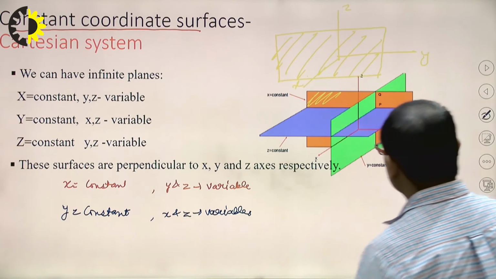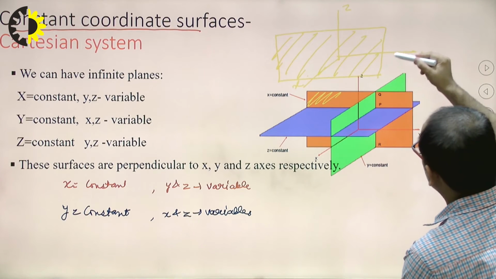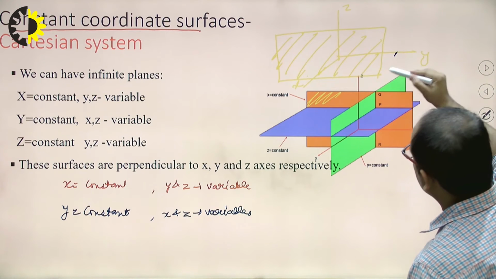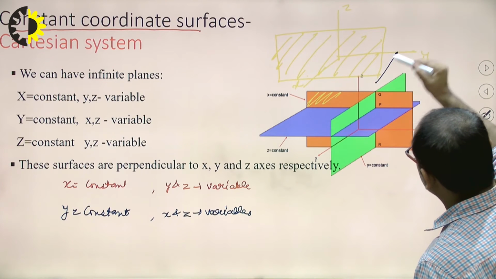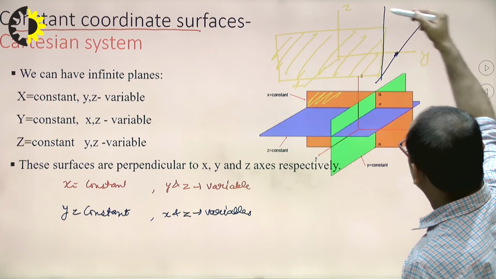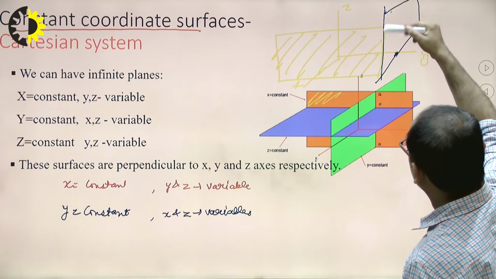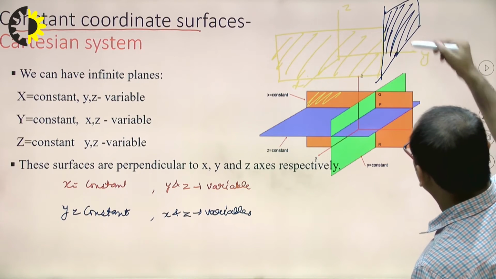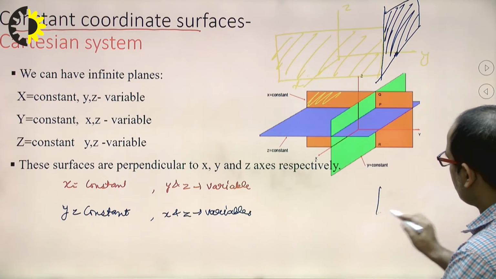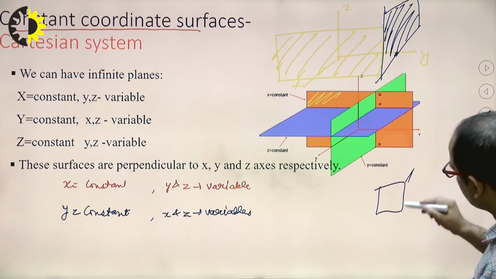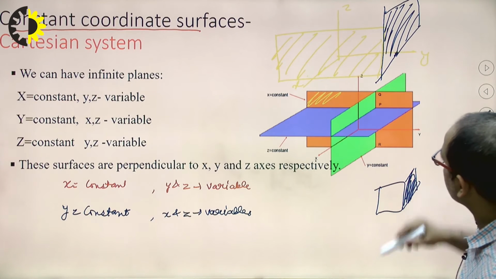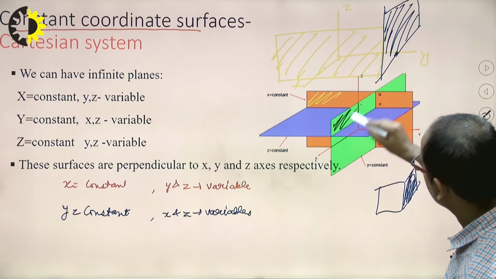Y is constant, means if I say this y is constant, and x and z are the variables, x this one and z this one, you will see that this plane will be formed. Means if I say front view of the cuboid, this plane will be formed. Clear?